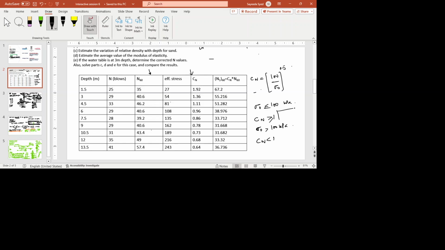So in this case, the value of n will be increasing because Cn is greater than 1. But after 100 kPa, the value of n will be decreasing because the value of Cn is less than 1. And this is what we can see here. Up till 81, we have Cn greater than 1, and after sigma is greater than 100 kPa, we can see that Cn is reducing based on this formula.